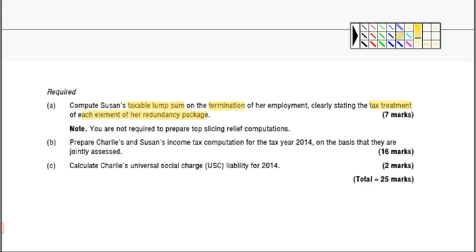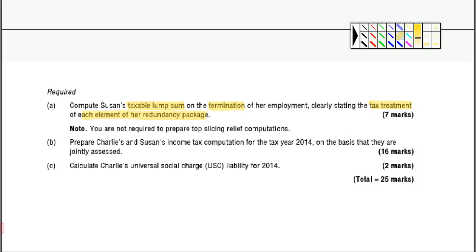And that's what your F6 examiner will target. He will give you perhaps 4, maybe 5, or even 6 different types of payment, and he's going to ask you to classify them and then, as we know, apply our exemptions. We have 3 different levels of exemption, and we know that the individual taxpayer can choose the highest. So more of that later when we look at the actual answer.